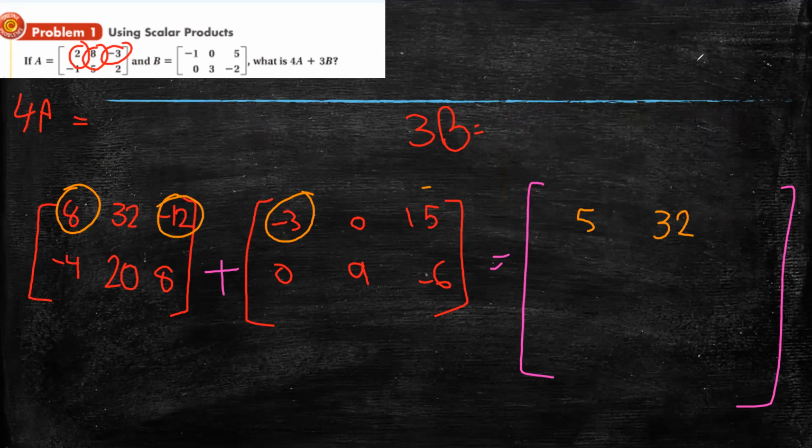Negative 12 plus 15 is 3. Negative 4 plus 0, negative 4. 20 plus 9, 29. And 8 plus negative 6 is 2. This is our new matrix. Is it clear? Yes. Okay.